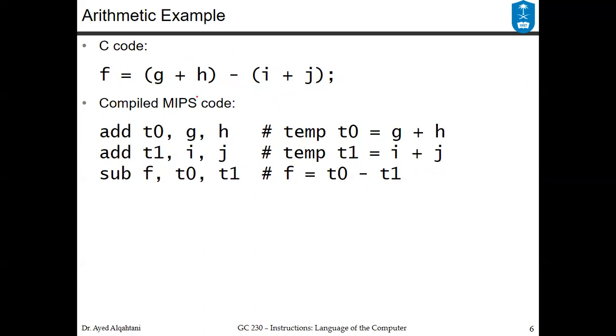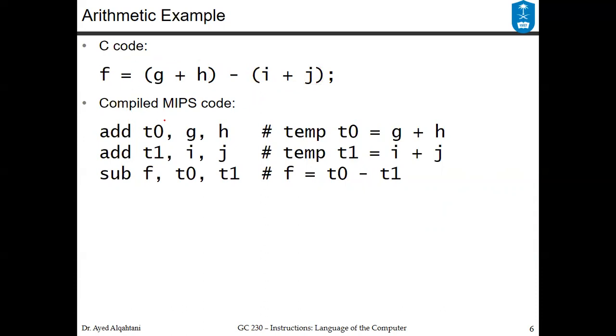To be clearer, we start from the left side. First, we get this one. Once we get the result, we calculate this one because it has parentheses. Once we get the result, now we subtract this entity from this entity, and we get the result into F.